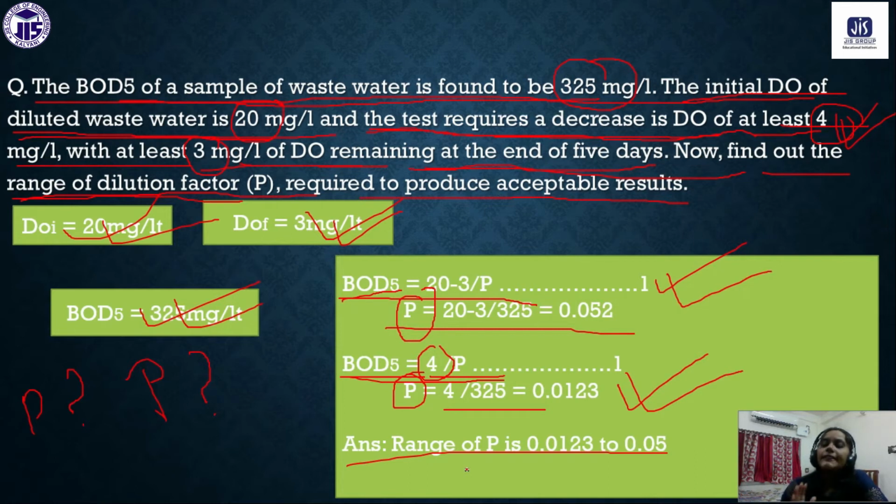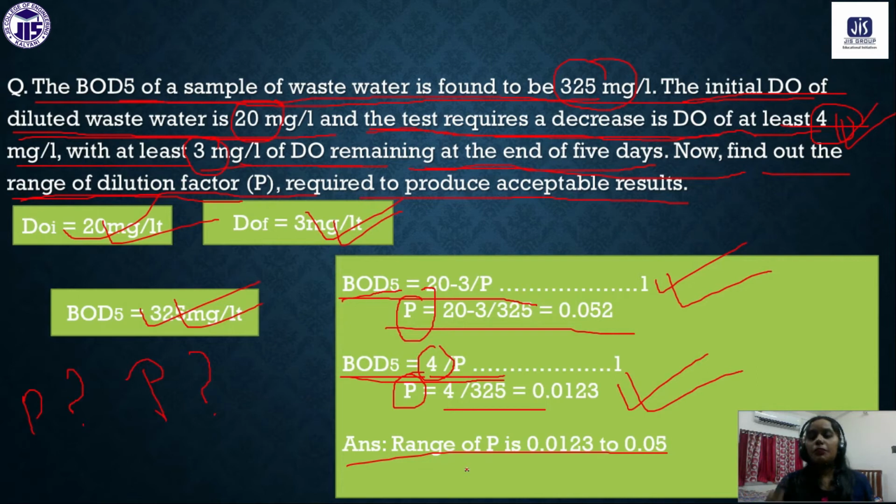Okay, so these types of questions are very important, and these types of problems, numericals, we generally have. During your exam time, in any type of exam, you will get this type of question very frequently.